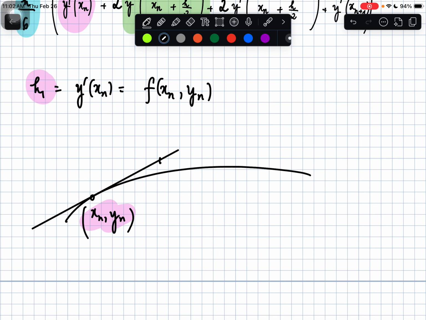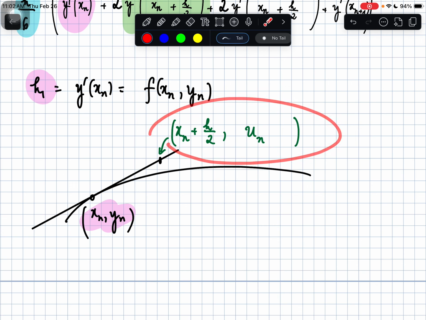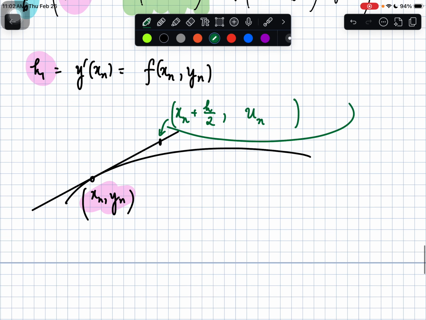So we are at this point, xn plus h over 2, and we have some value for y, let me call it un. The point xn plus h over 2, un is living on this tangent line, so it satisfies the equation of the tangent line. This point is the Euler point when you use the step size h over 2.